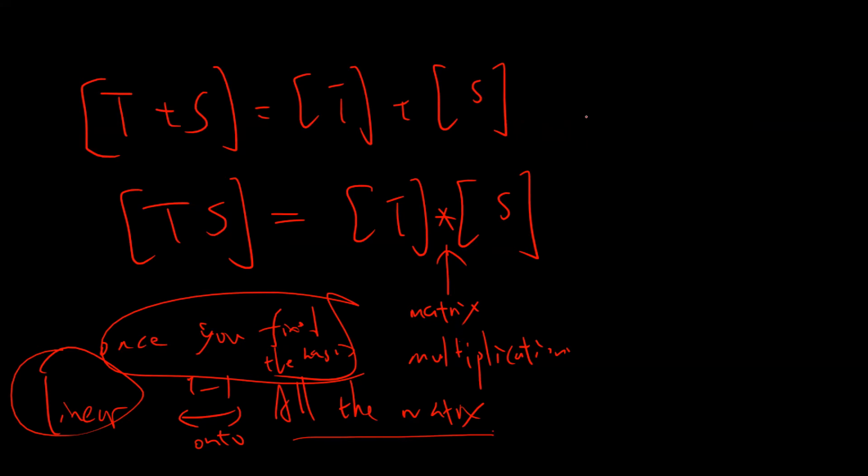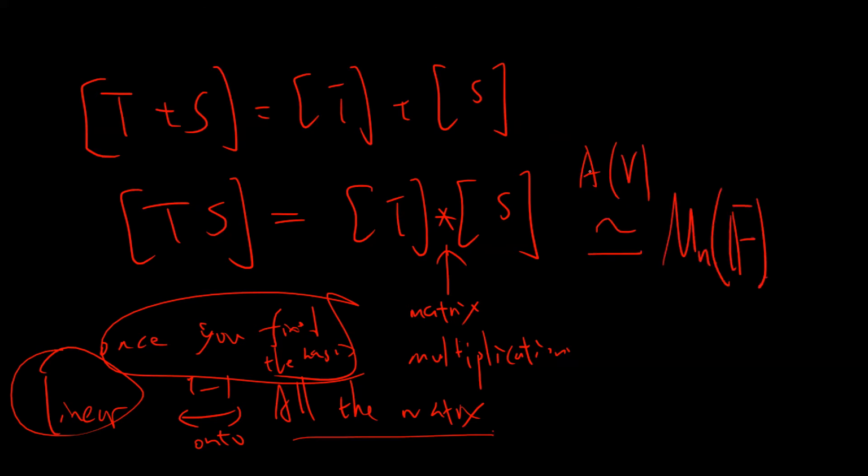So it means that the algebra of linear transformations on V in n dimensions is the same as the so-called matrix algebra over the field F. Okay, so this is what we have achieved. This is called an algebra isomorphism.